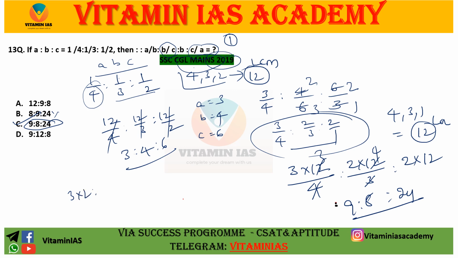If you want B, ignore B, then 4 into 2. If you want C, then ignore C, then 4 into 3. Here, what is the common factor? 2's are common. So 3 is to 4 is to 6.